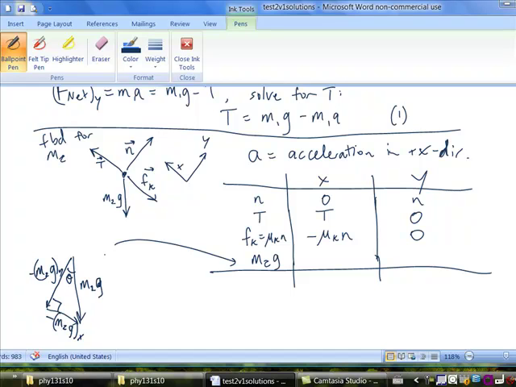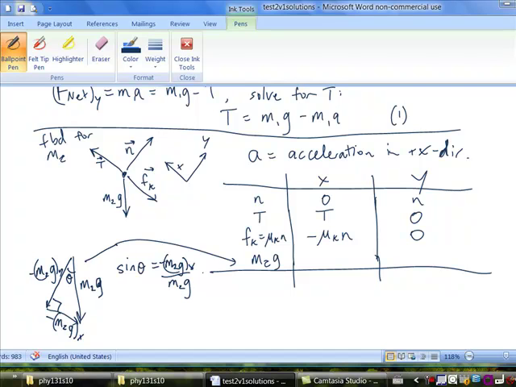So it takes a little practice to draw these triangles properly, but I can see from this diagram that the sine is going to be opposite over hypotenuse, so I always have to write this out. Sine theta is opposite, so m2g in the x direction, negative, divided by m2g, the hypotenuse.